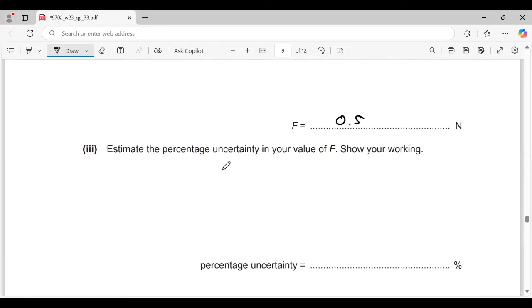Estimate the percentage uncertainty in your value of F. My Newton meter absolute uncertainty is 0.05.